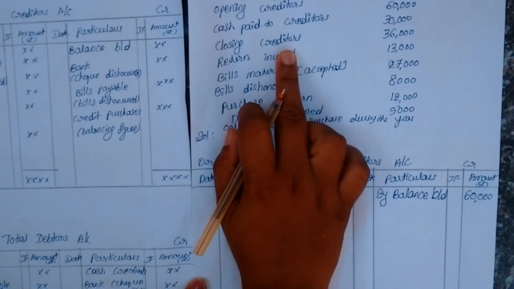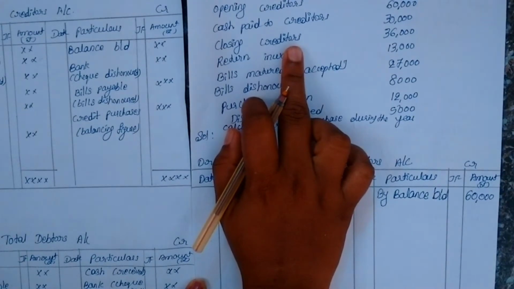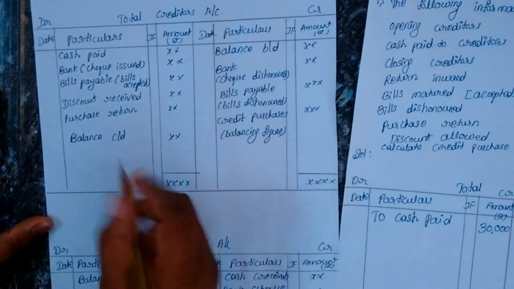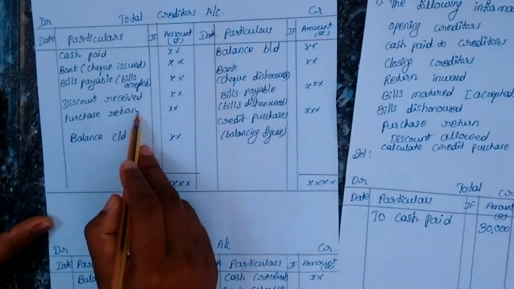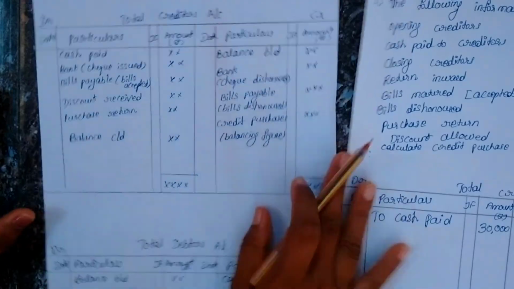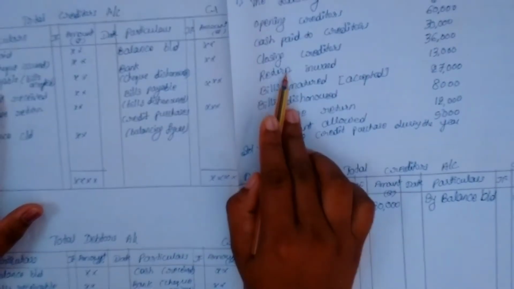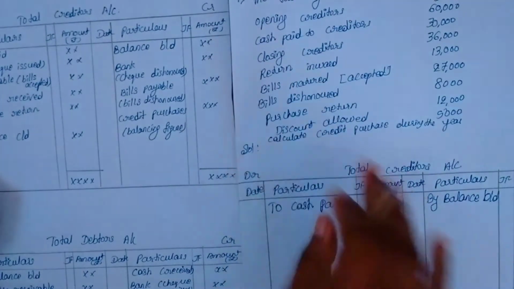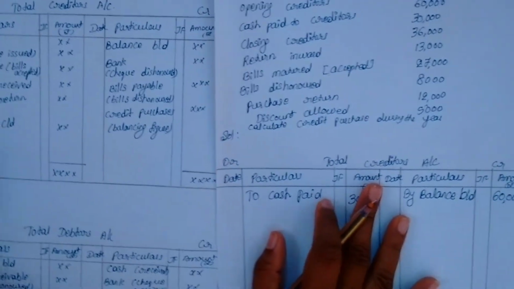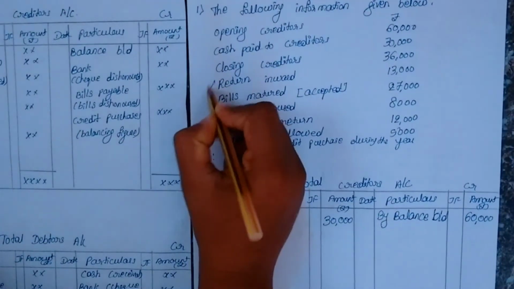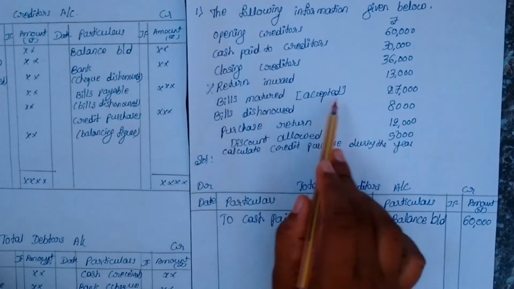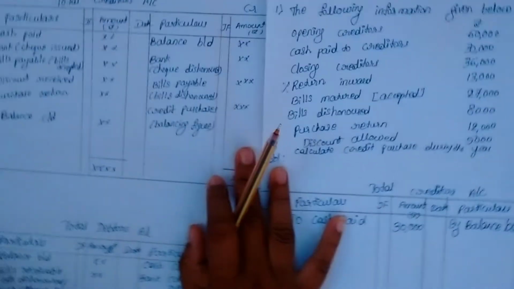We have to write this entry later. Next one is return inward. As I said, look at this format. Purchase return means what? Return outwards. Here, return inward means sales return. We are not going to consider sales return in the total creditors account. So this is cancelled. Next one is bills accepted, 27,000.